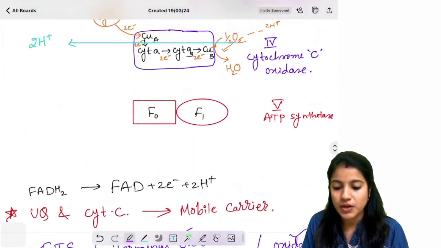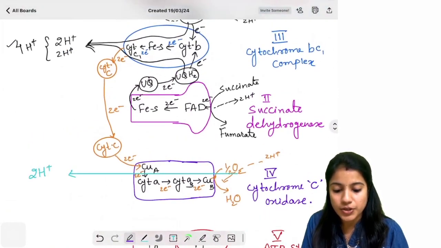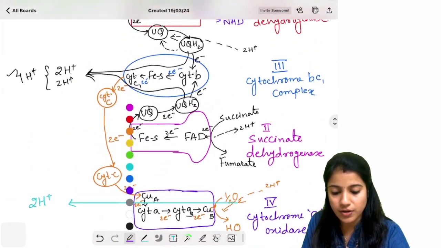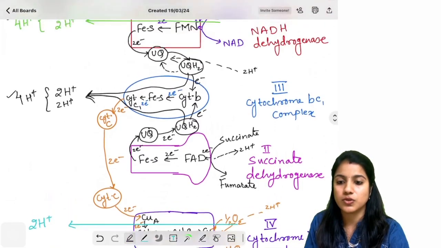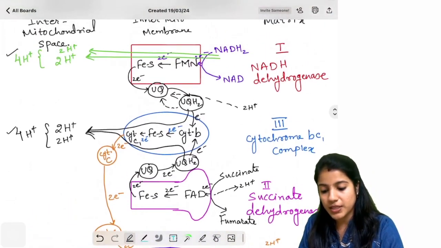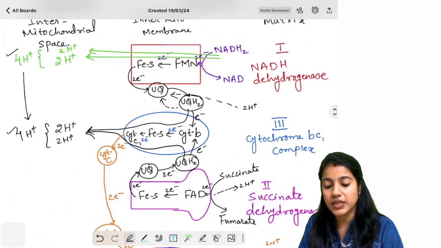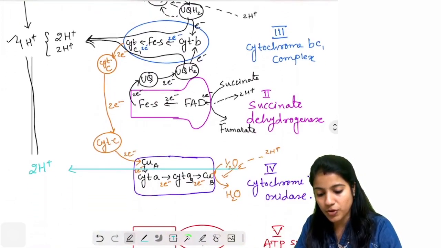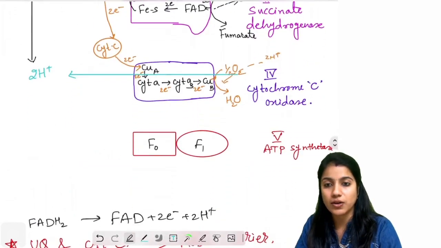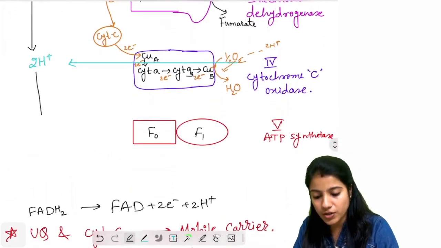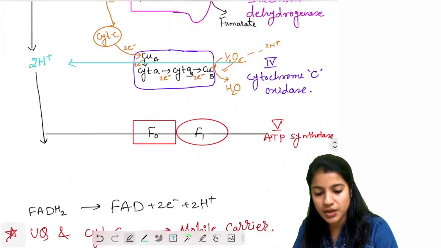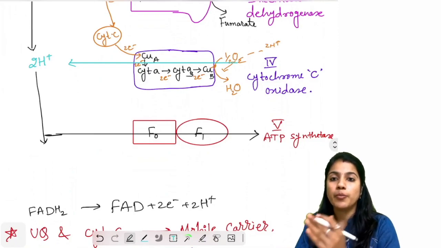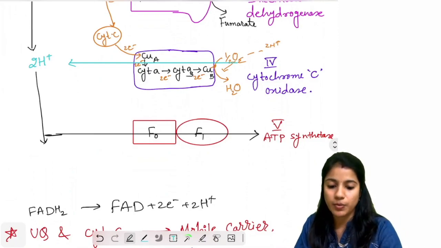Now see what happened. During this process, as we already discussed previously in the above diagram, this creates a gradient across the inner mitochondrial membrane. So all these protons will travel from higher concentration to lower concentration through this ATP synthase complex. From this ATP synthase complex, protons will start traveling one by one.